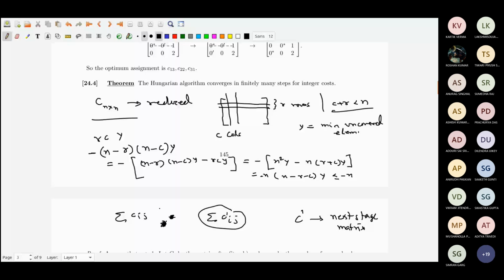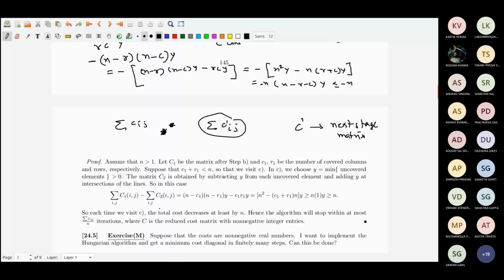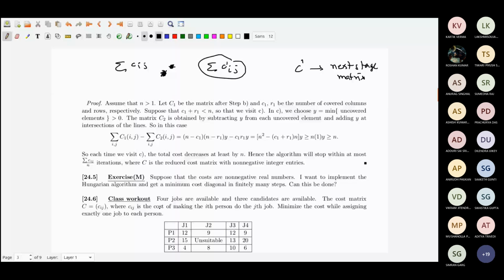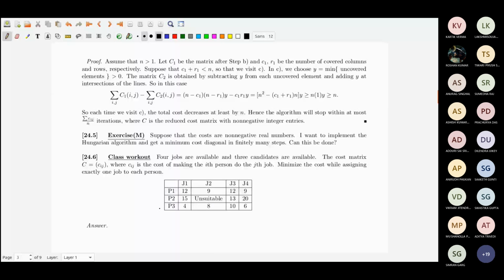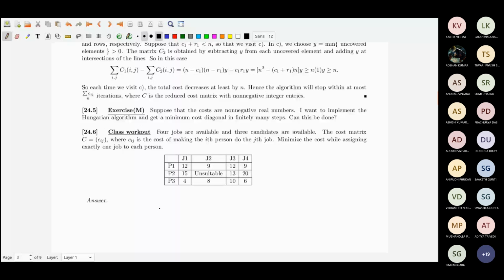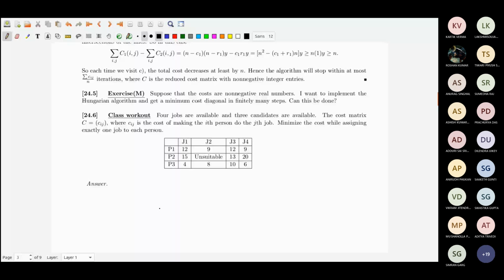Okay, so here is one more application. There are other practical applications you will see in the exercises. One practical application is the following. Suppose there are 4 jobs available, but 3 persons are there, and you want to give each person exactly 1 job and minimize the cost of assignment.